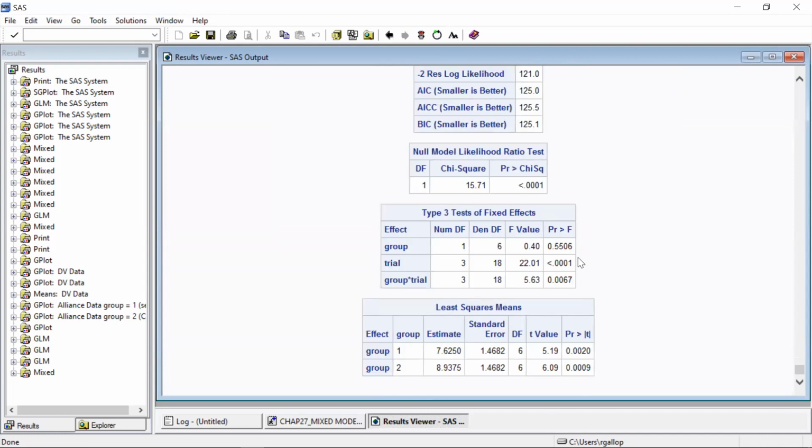But here's the group effect, 0.5506. Exactly what we saw on the PROC GLM repeated measures ANOVA. The treatment is off the charts, less than 0.0001. We see that here. And then the group by trial, 0.067.